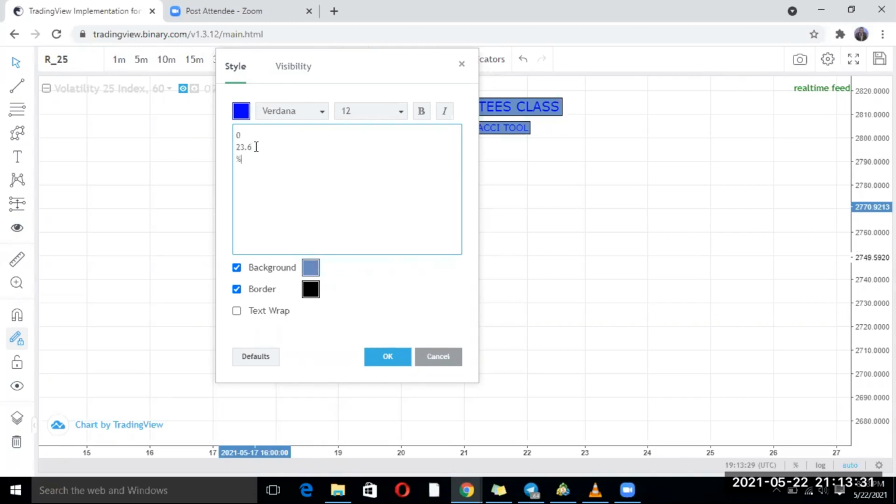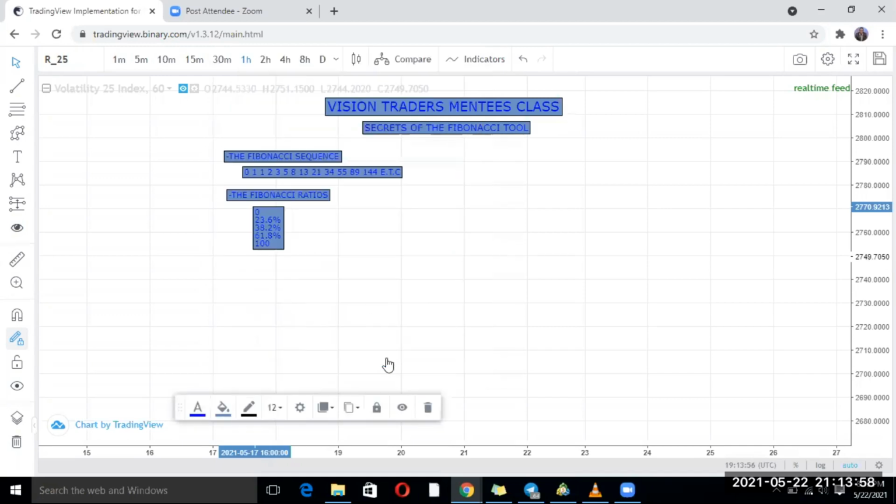Then the next one is 38.2%, then 61.8%, and we have 100. So basically, these are our Fibonacci ratios, the numbers we have on our Fibonacci tool.